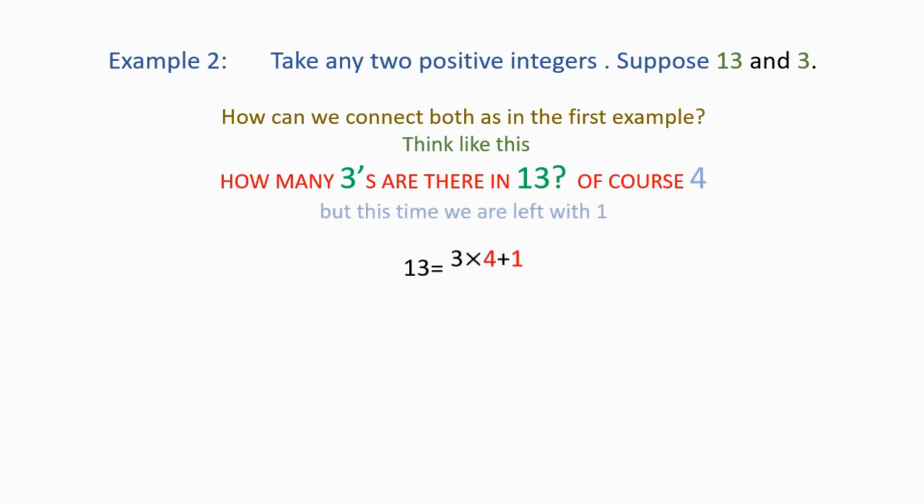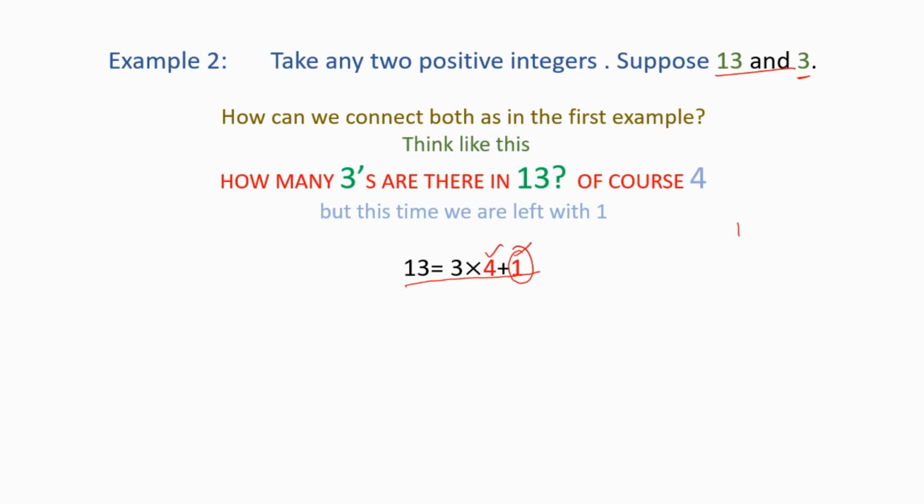So 13 is equal to 3 into 4 plus 1. So this 4 and 1 are connecting 13 and 3. Mind you, the thing that is left here, the remainder 1, must be less than this 3.